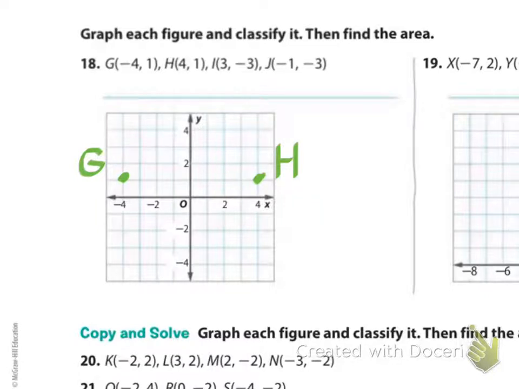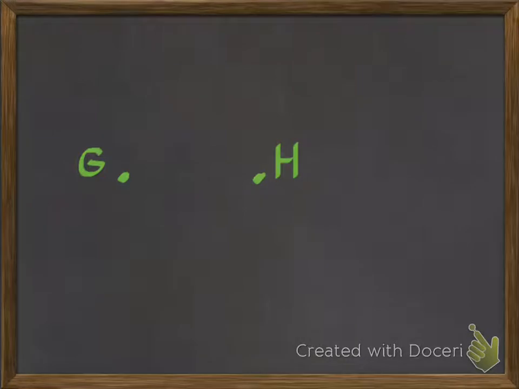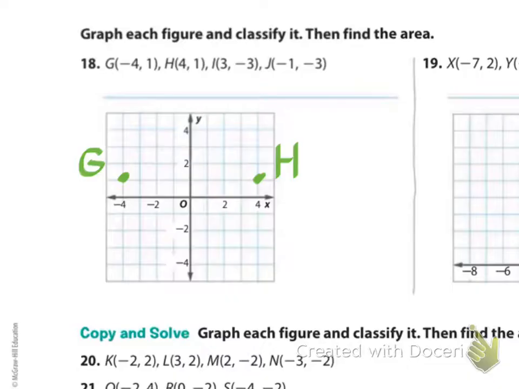Then we have point I. Again, we move over, in this case to the right, positive 3, but this time we're going to go down to a negative 3, which would be about right here. Let me fix this. Alrighty, had to fix that.